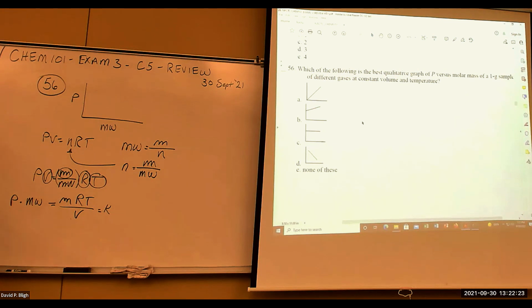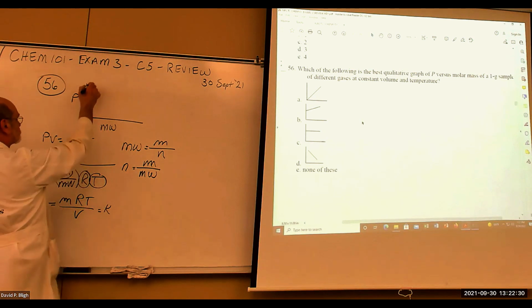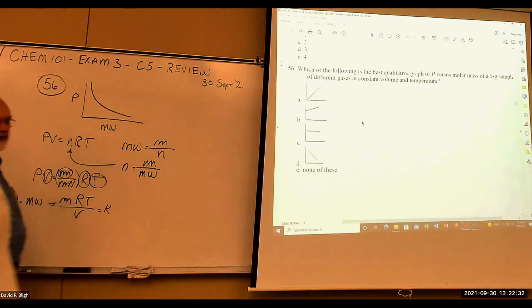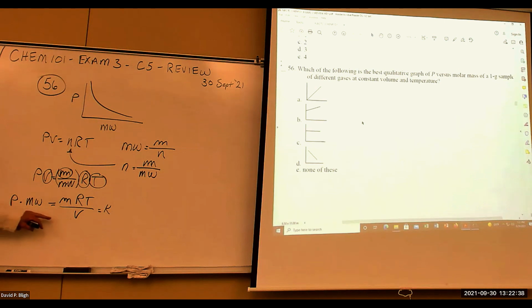Pressure, when you get a product equal to a constant, this is what you get. A hyperbola. Every time. Just like pressure volume equals a constant, Boyle's law. Pressure molecular weight is a constant. So you get a graph that looks like Boyle's law.